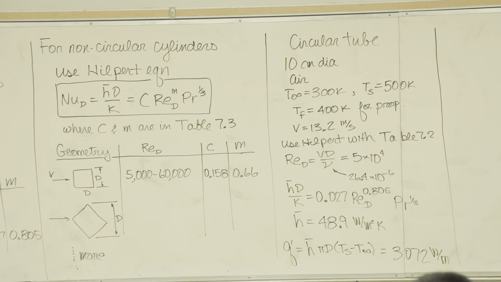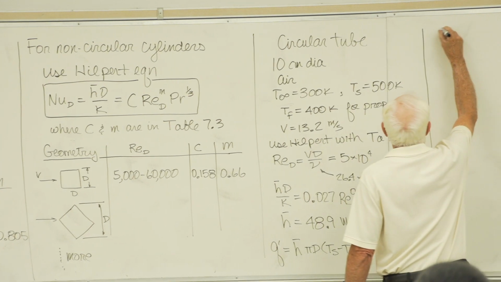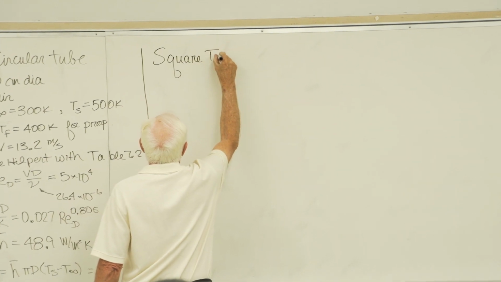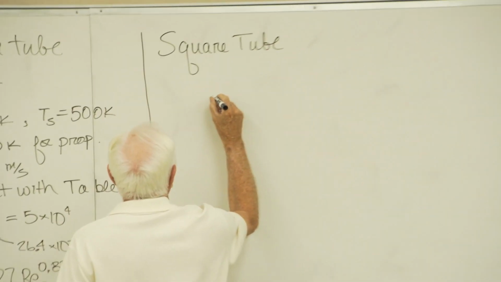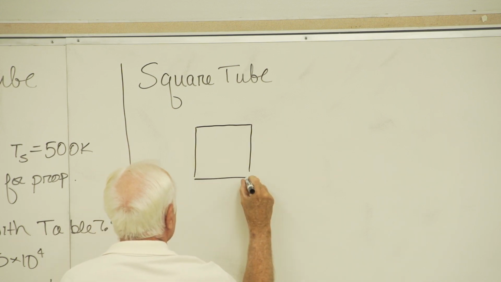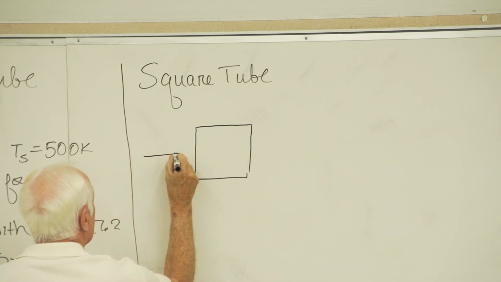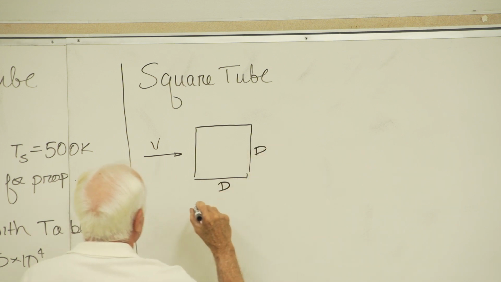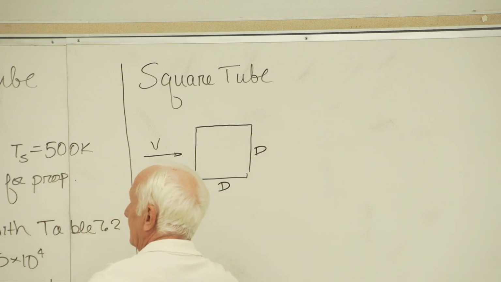Now, square tube. I'm going to take the one where the velocity V is normal to the flat surface. Everything is the same.